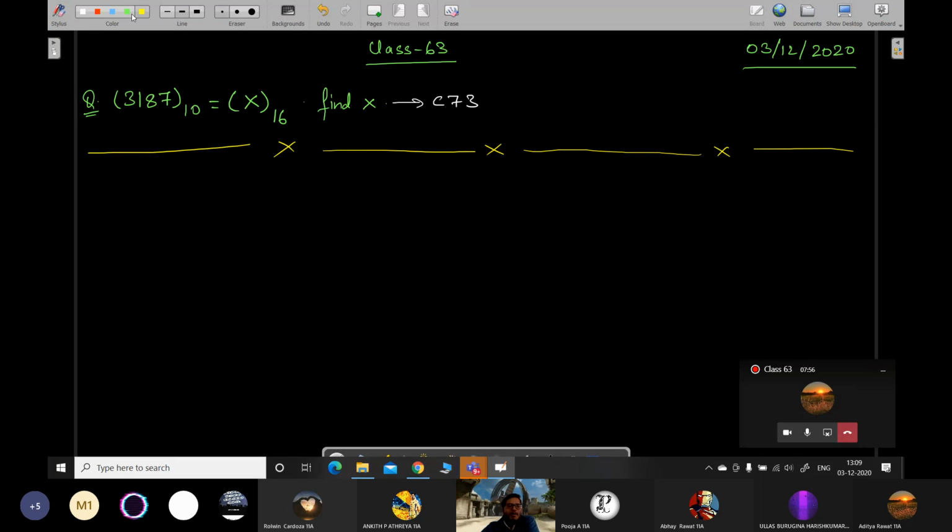So now we'll see conversion from one non-decimal number system. अब decimal नहीं आएगा बीच में. Decimal won't be there in the middle.